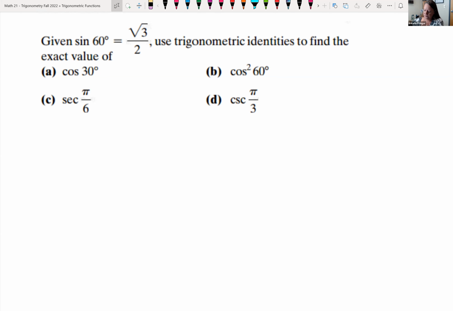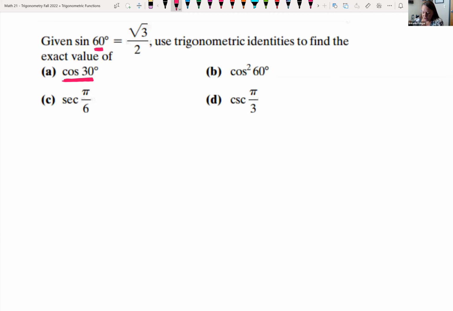This is not one that we know right now, but these are ones that you're going to have memorized later on. If we don't know what cosine of 30 degrees is, we're given what sine of 60 degrees is. And I noticed that 60 degrees and 30 degrees are complementary angles of one another.